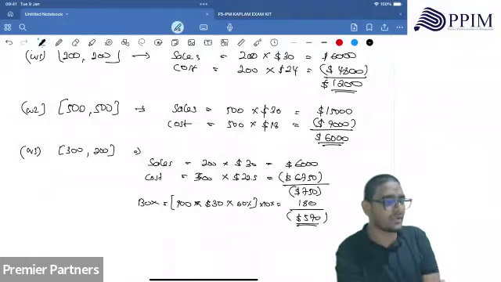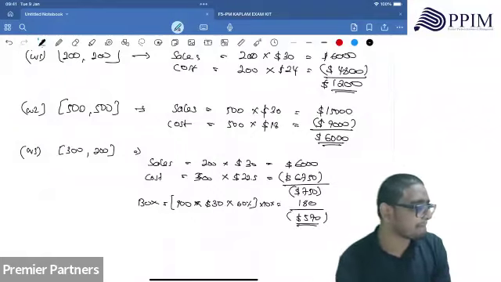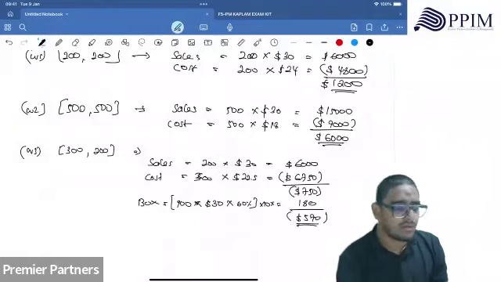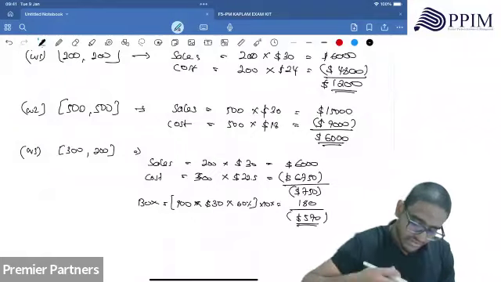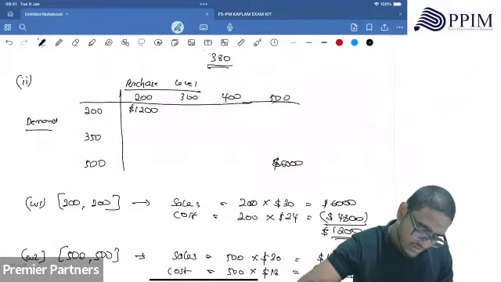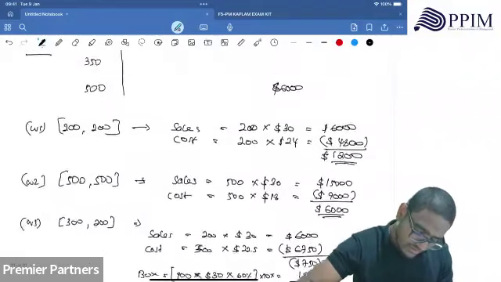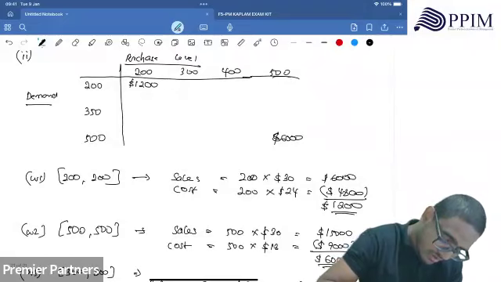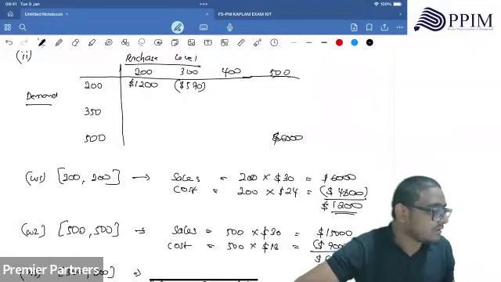Okay. Hope you're clear. Okay. Clear. So then you can put this under demand 200, purchase level 300. You get a loss of 570. Okay. Right. Work out the rest then quickly.